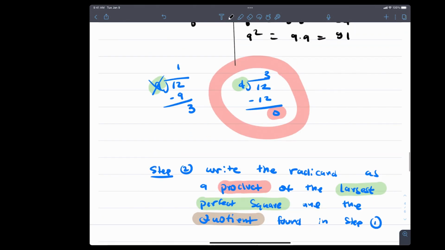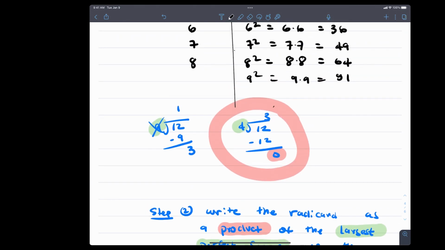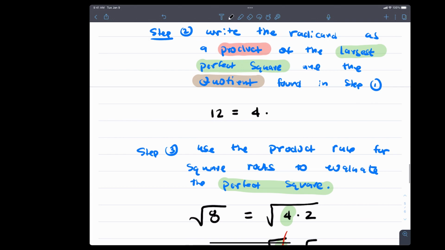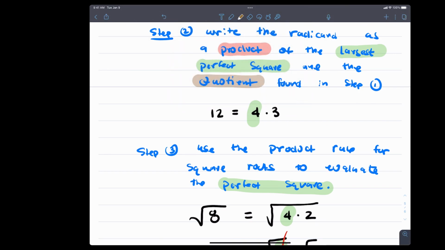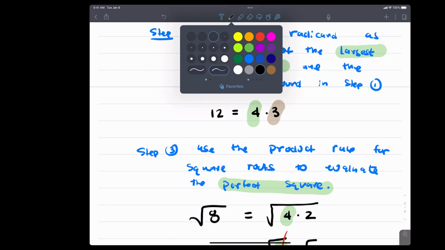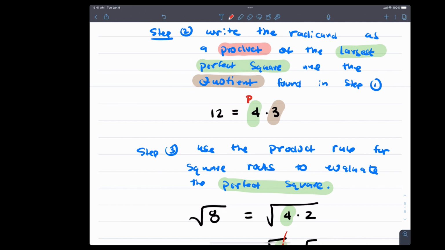Go back up here. You see the 3? That's your quotient. That's the answer that you get when you divide. So 4 is the largest perfect square that goes into 12 with a 0 remainder, and the quotient is 3. Is this the perfect square? Yes. And is this the quotient? Yes.